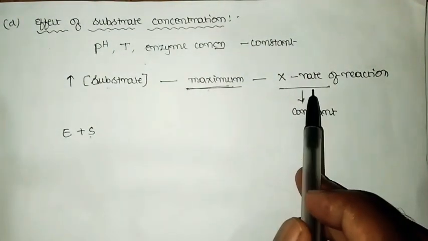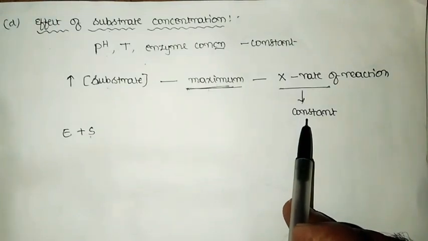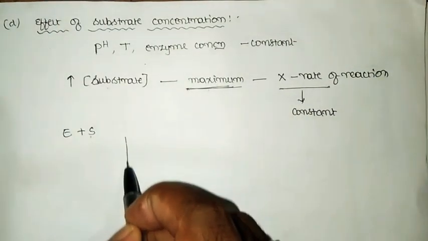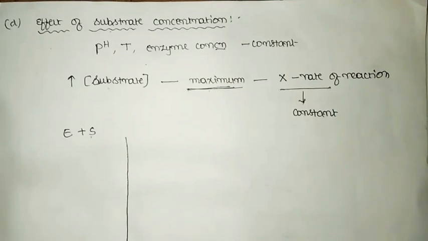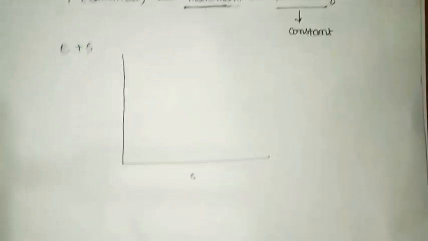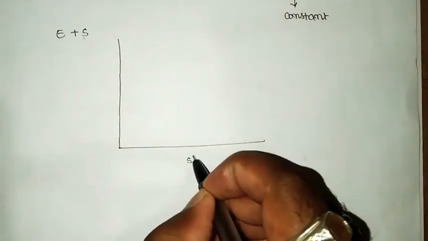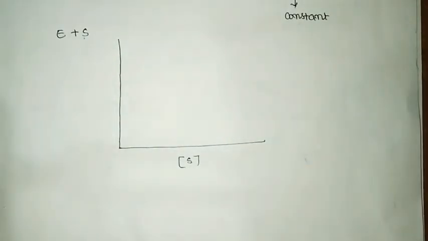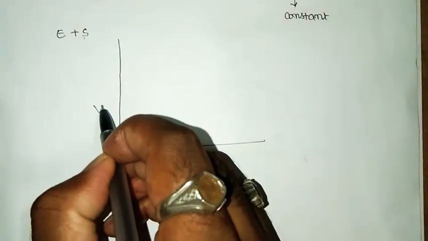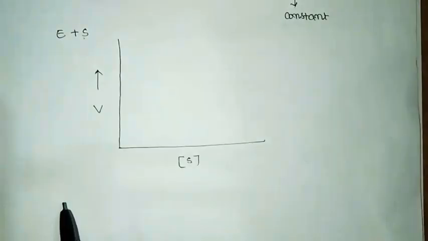That means the rate of the reaction will become constant, and we can show that with a simple graphical presentation by taking concentration of the substrate in the x-axis and velocity in the y-axis.